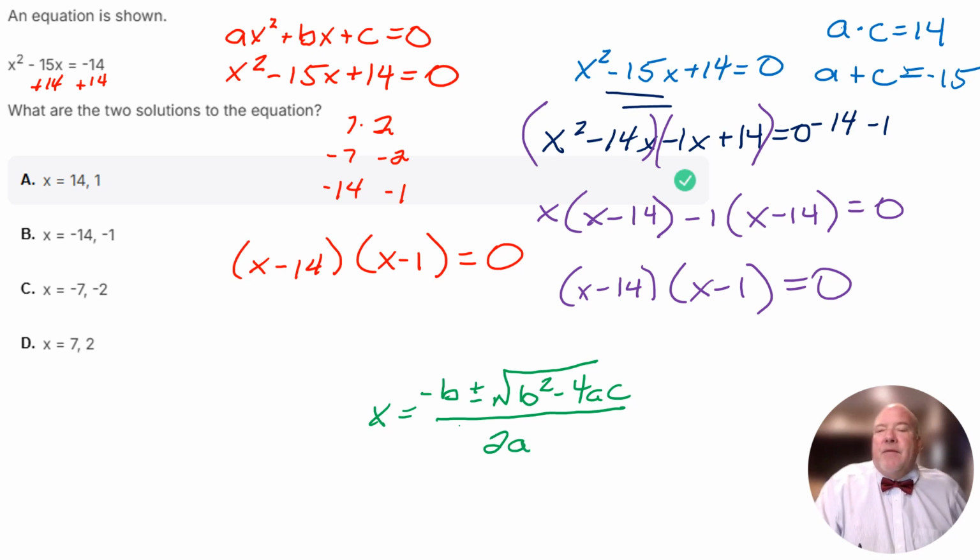You probably will have this on your reference sheet. All you do is find the values of a, b, and c. a is the coefficient of x squared, b is the coefficient of x, and then c. You find those values, plug them into this, and it will give you the solutions. So that's always an option also.